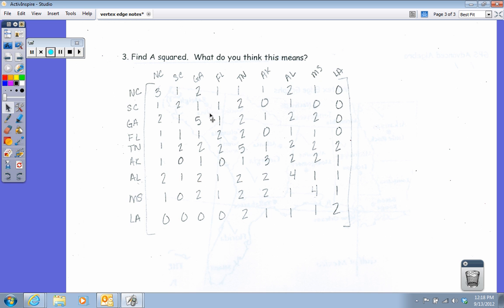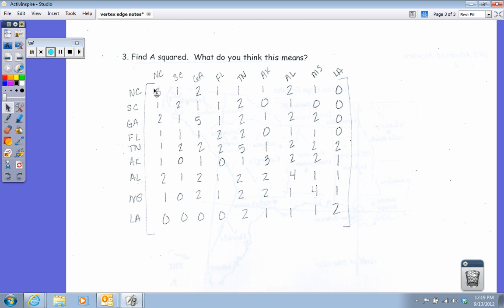And what this tells us is that there are now, instead of just taking one path, how many connections can we make with two paths? So for North Carolina, since it bordered 3 states, North Carolina can visit itself, in other words, make a round trip to another state and back to North Carolina, and there's 3 ways to do that.